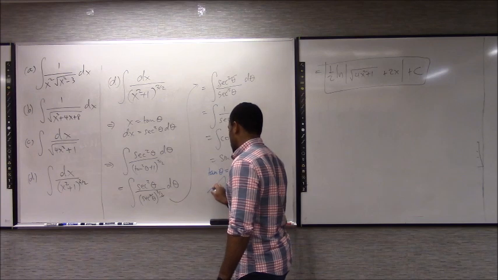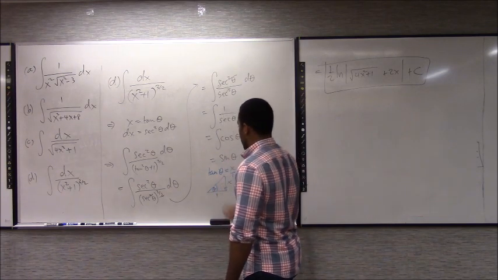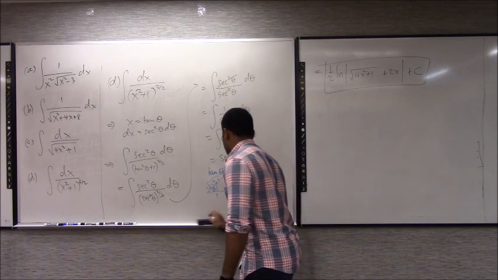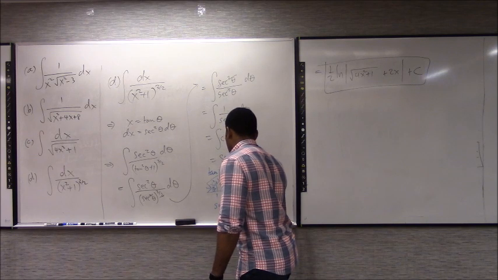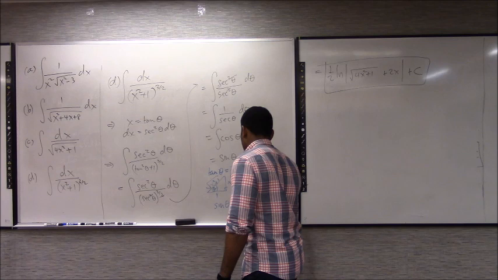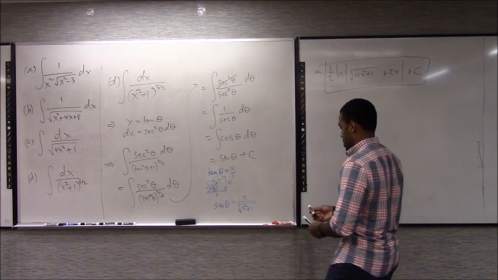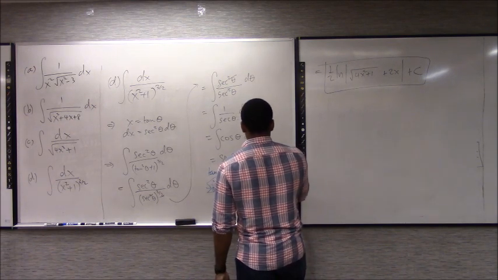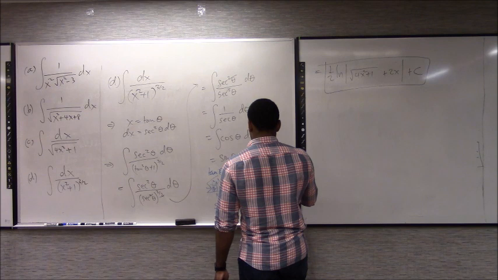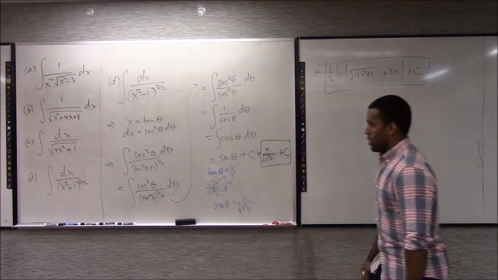I can set up this triangle, opposite over adjacent, and this is going to be the square root of the sum of the squares. And so I can take the sine of theta, that's going to be opposite over hypotenuse. And I go back and I plug it in. That's the answer over there.